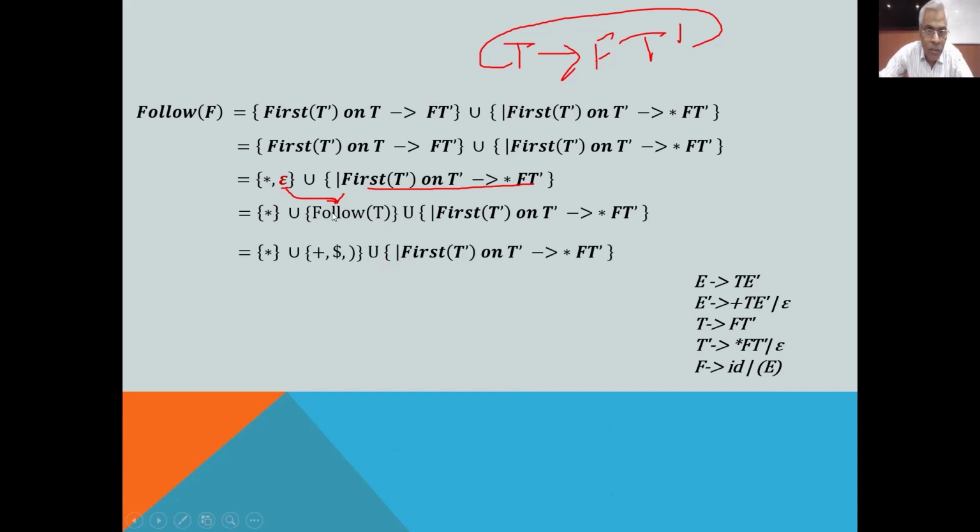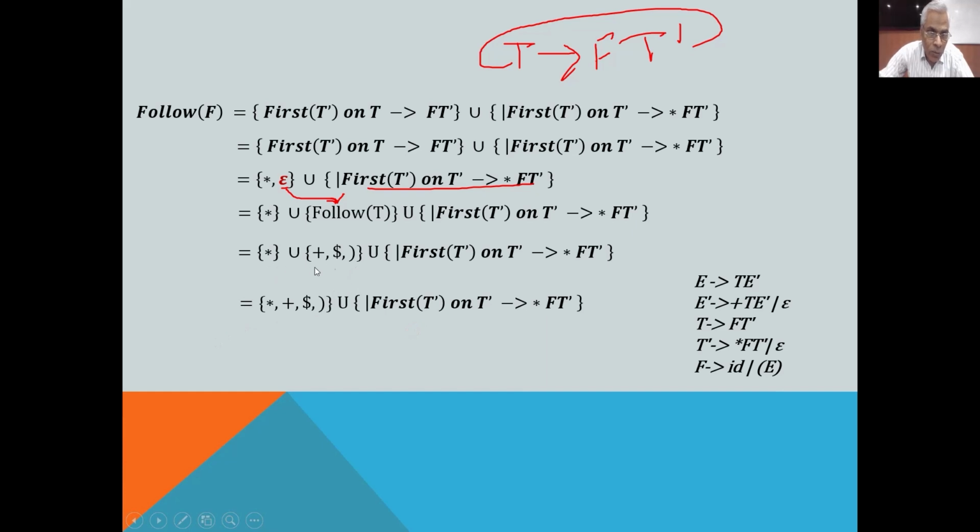Next, star union follow of T, as we know, follow of T is plus, dollar and closing bracket. So I have written here star union plus, dollar and closing bracket.